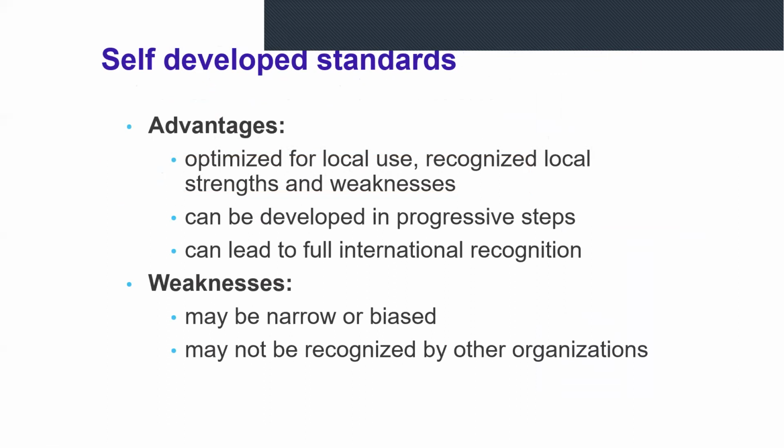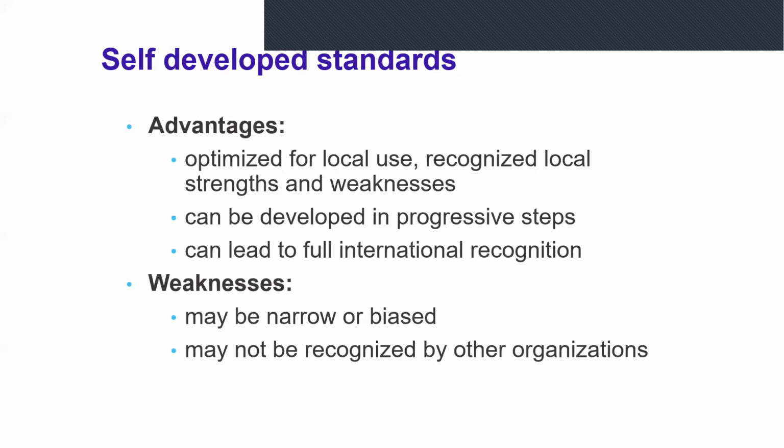The advantages are they're optimized for local use, they recognize local strengths and weaknesses, and can be developed in progressive steps and can lead to full international recognition. The weaknesses are they may be very narrow or biased to the country or to the company or organization, and they may not be recognized by other organizations.